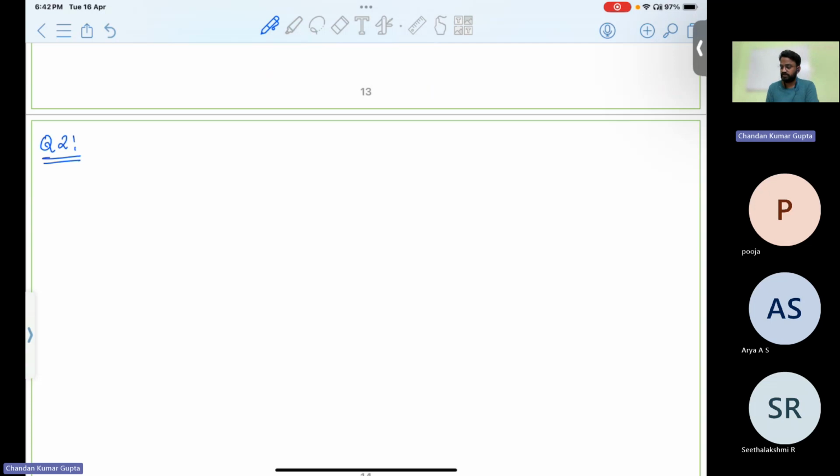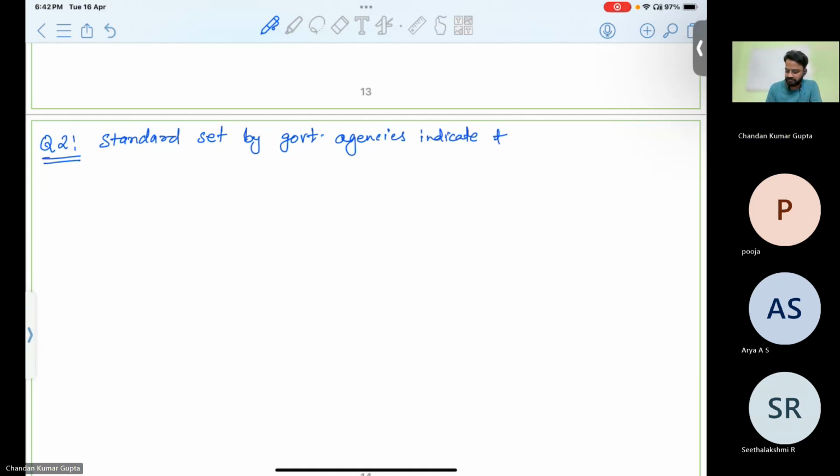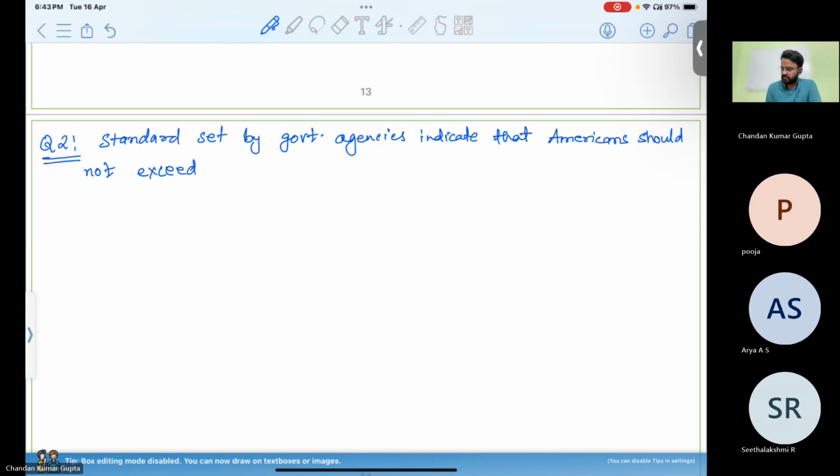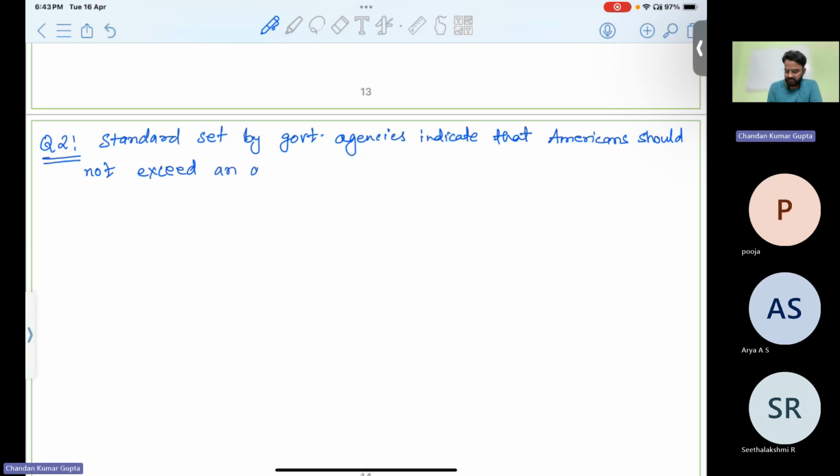The second question is: standards set by government agencies indicate that Americans should not exceed an average daily sodium intake of 3,300 milligrams.